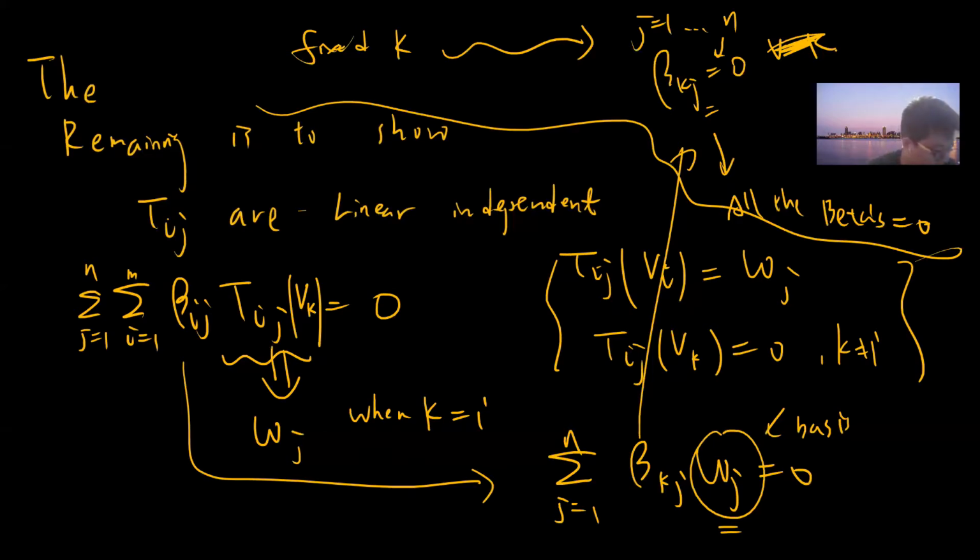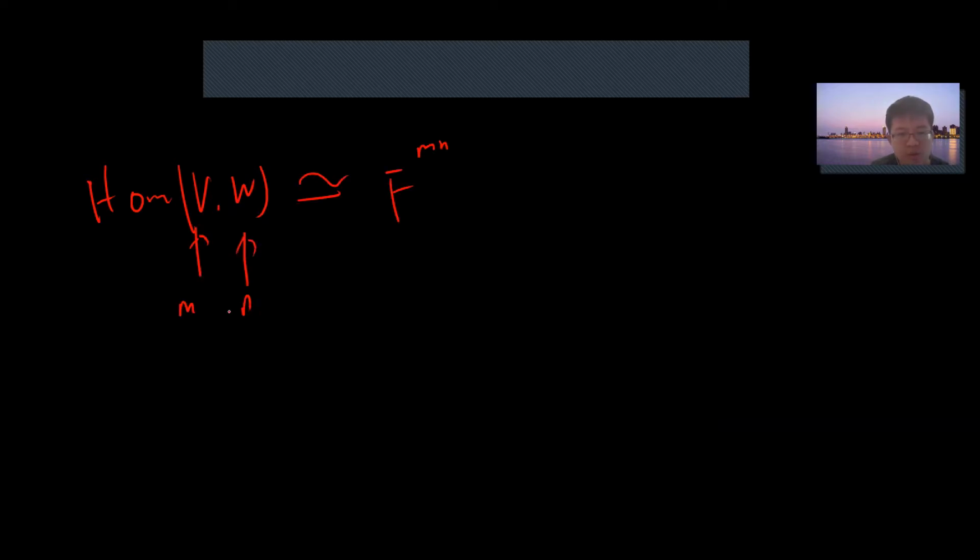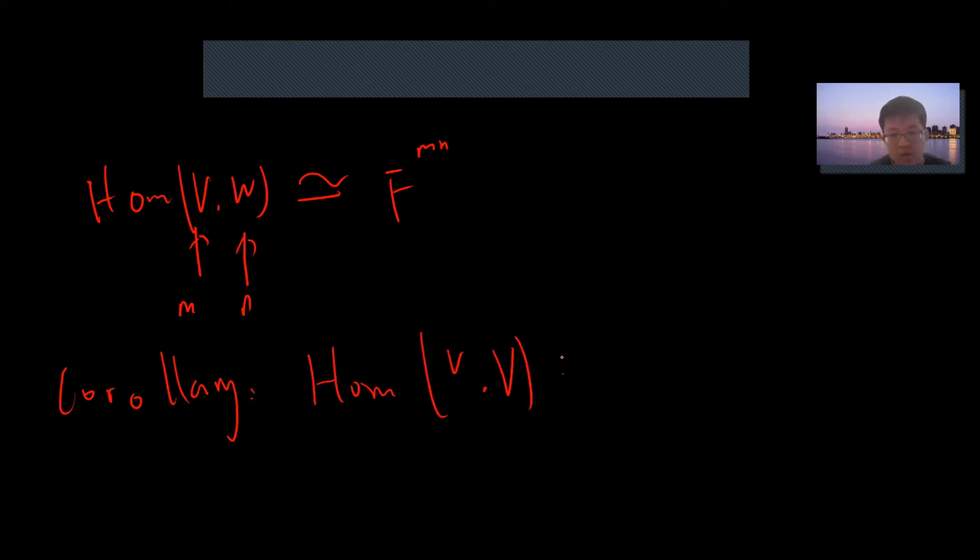Okay, so let's do some corollaries. These two corollaries are also ones people like to state. Previously we proved that Hom(V,W) is isomorphic to F^(mn) if this dimension is m and this dimension is n. So the corollary, which is also well known, is that the dimension of Hom(V,V) is m squared.